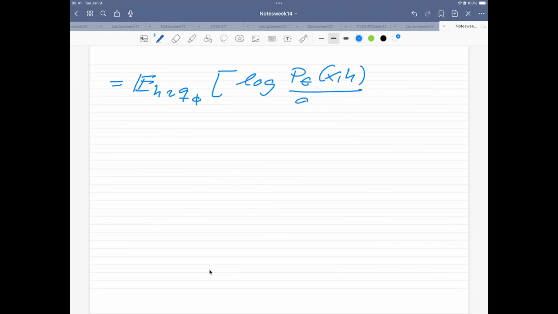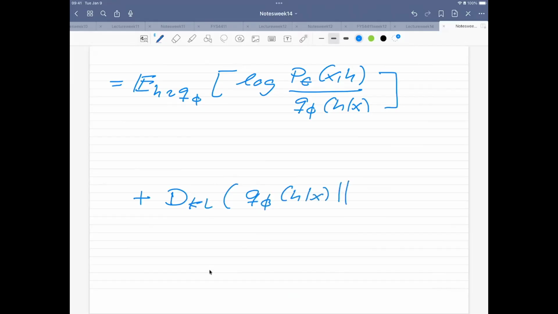So we have a q of phi of h given x. And then plus, and I'm going to put some space in here, we have the Kullback-Leibler divergence. I just write this as q of phi of h given x, and then p theta of h given x.